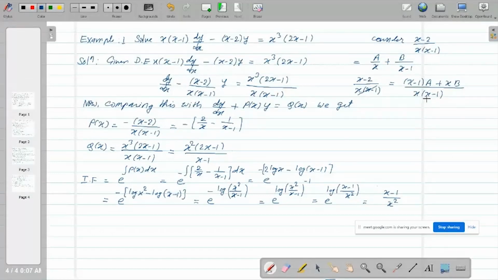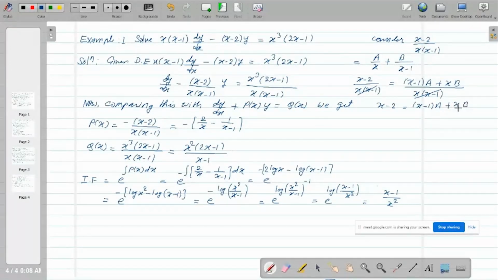So denominator cancels with denominator. Okay, the only term is x minus 2. So we write here x minus 2 equals x minus 1 a plus x b. Okay, now we have to find out the values of a and b.